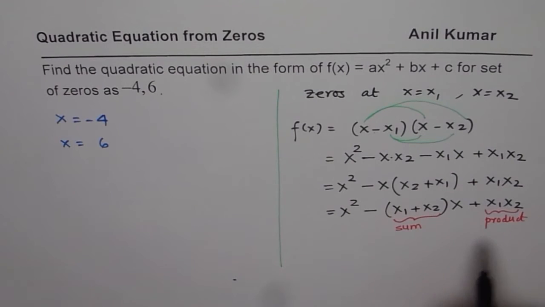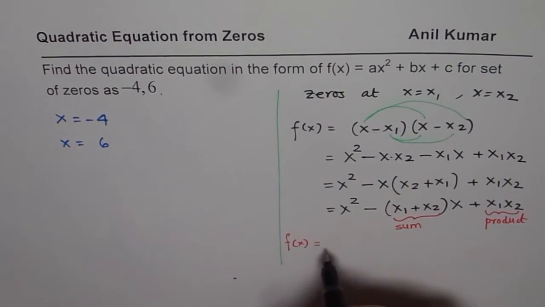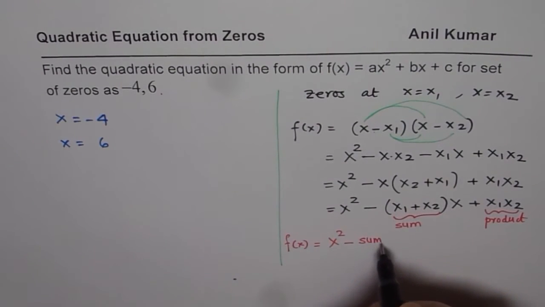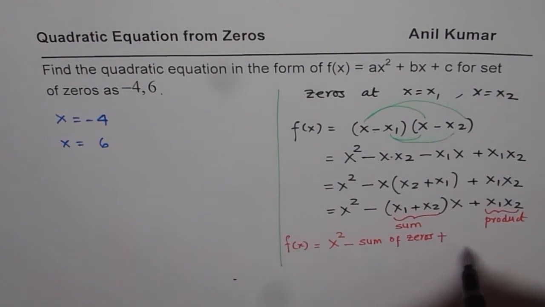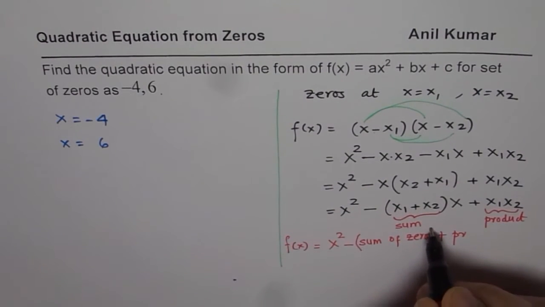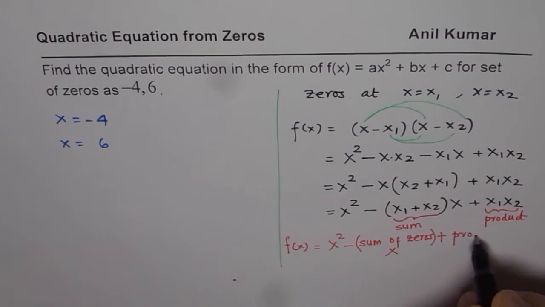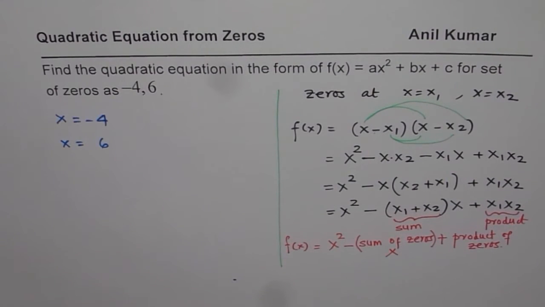So what you get is a general equation f of x, which could be written as x squared minus sum of zeros times x, I should have written, plus product of zeros. So that is the way of doing it, right? I hope you have understood the technique.